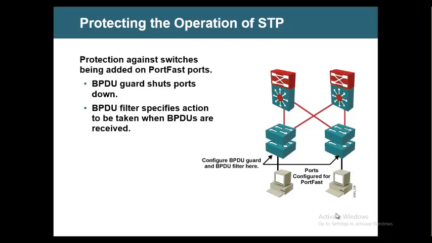So he may add a switch, or a switch-like software on a computer. It's actually a computer, but it will send BPDUs. But we all know only switches send BPDU.